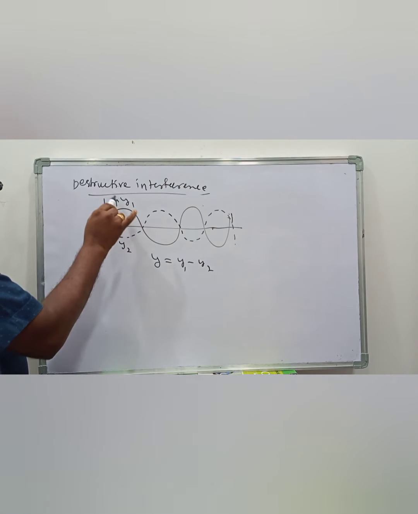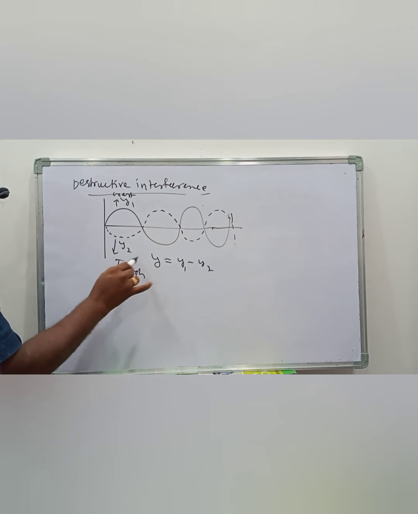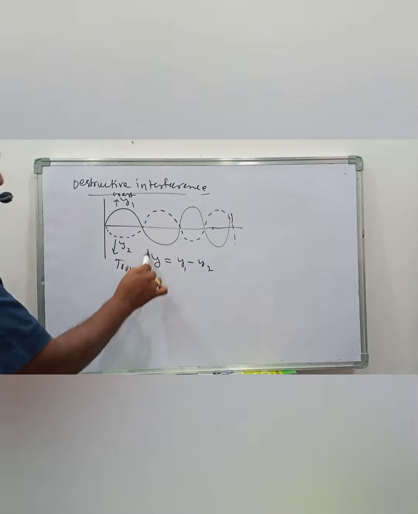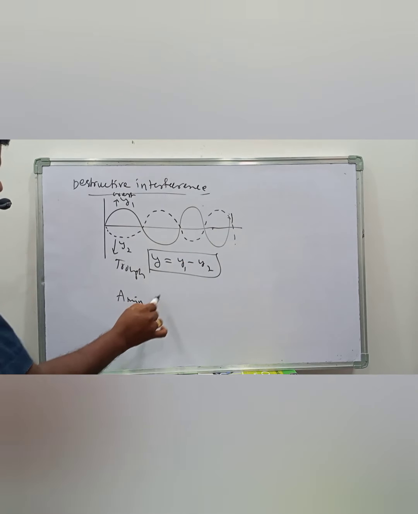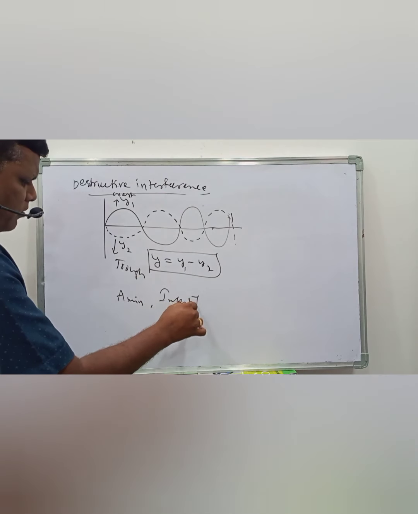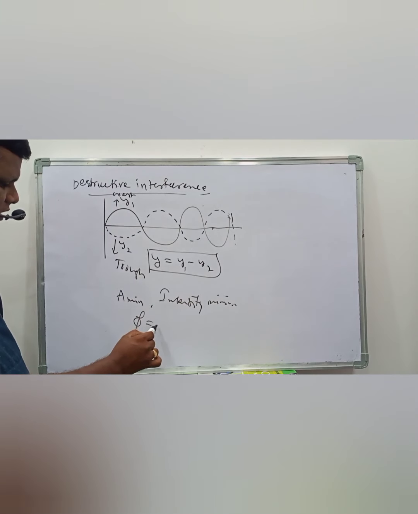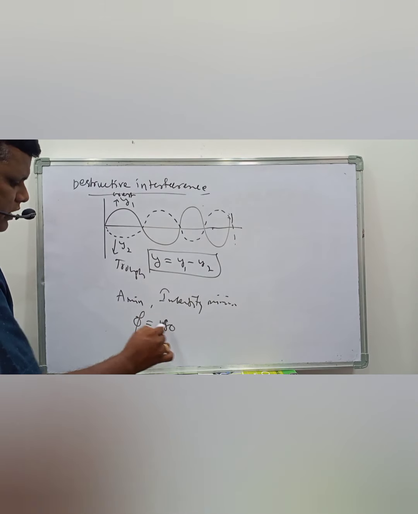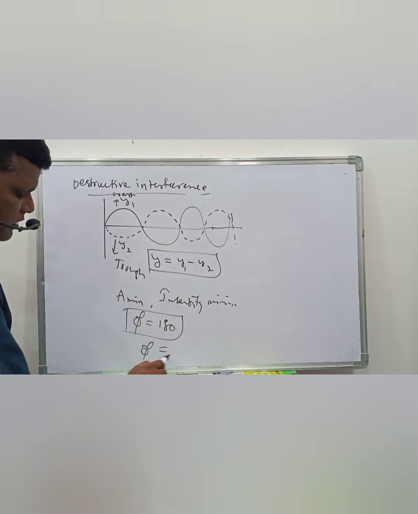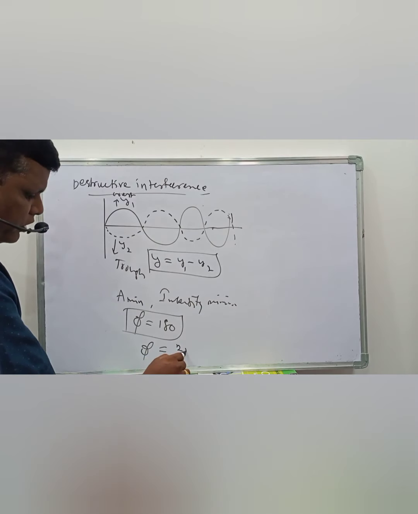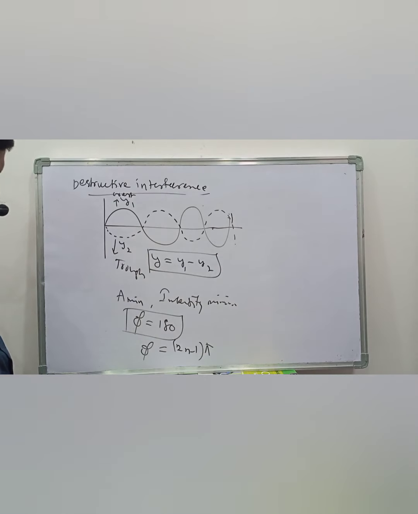The crest of one wave and the trough of the other wave are superimposed on each other. Thereby the resultant displacement is minimum, the amplitude is also minimum, and the intensity is also minimum. So they are out of phase, the phase difference phi is 180 degrees. So phi is equal to (2n minus 1) into pi.